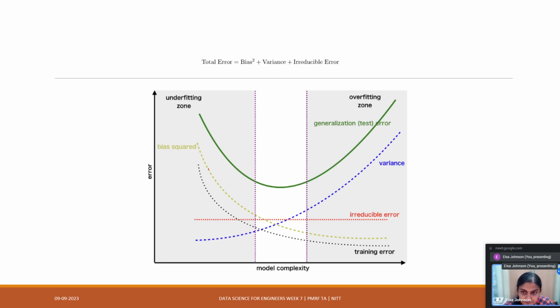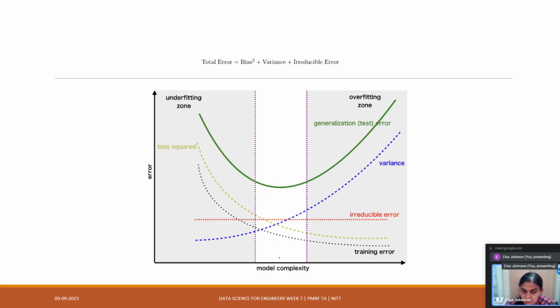You can see here the bias squared is decreasing, and if it decreases so much that the model is overfit, then the variance increases. So there should be some trade-off. In this middle area your model complexity should lie.